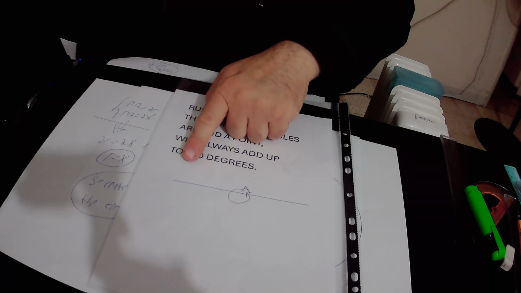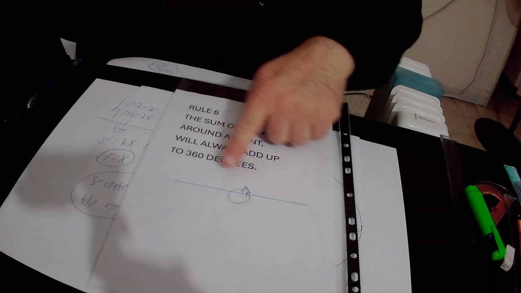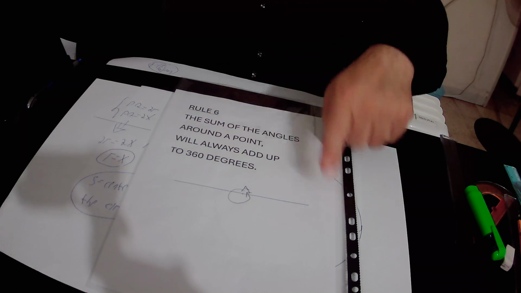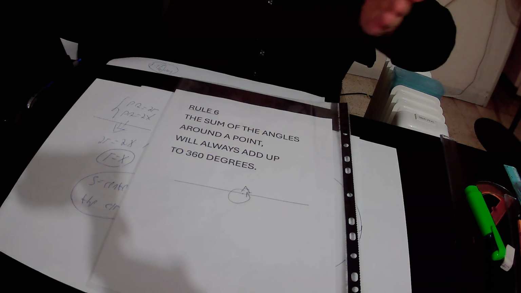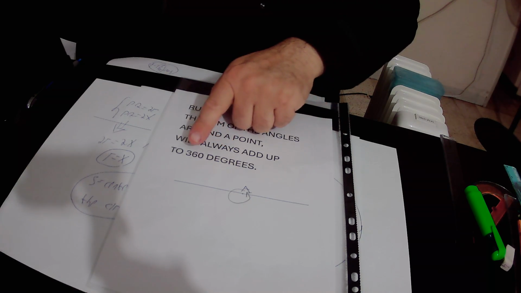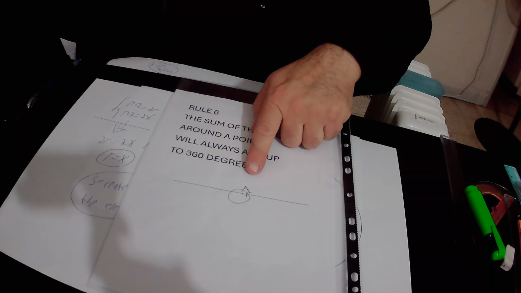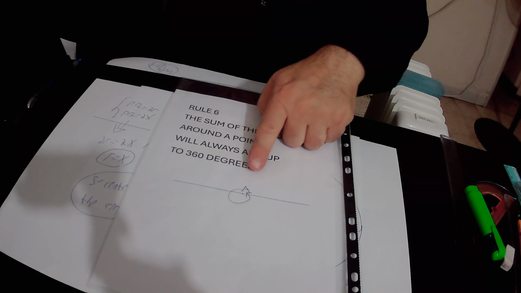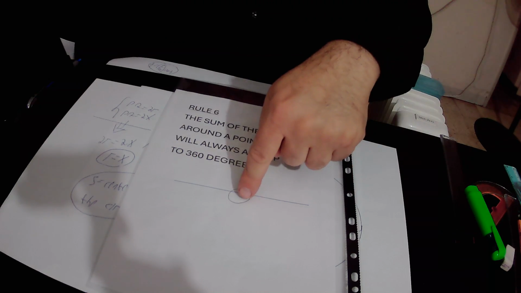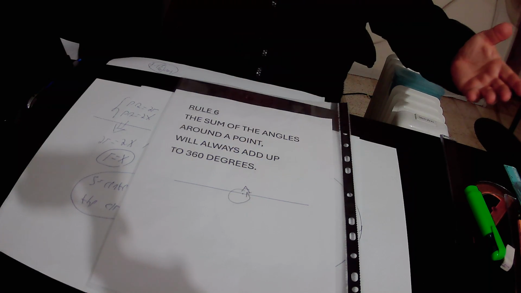In order to prove that this rule number 6 is true, I draw a straight line from point A. And according to rule number 3, the sum of the angles in the upper side of this straight line at point A must be equal to 180 degrees, and according to the same rule, the sum of the angles in the lower side of the straight line at point A must also be equal to 180 degrees.